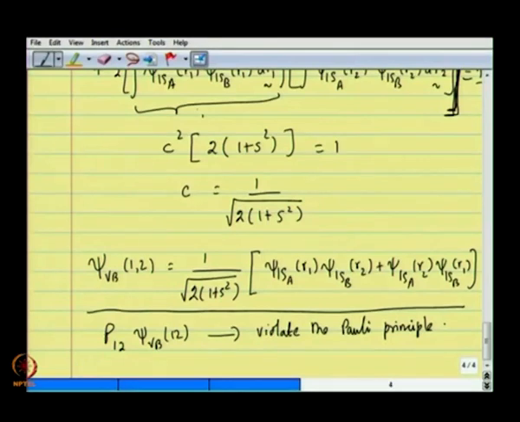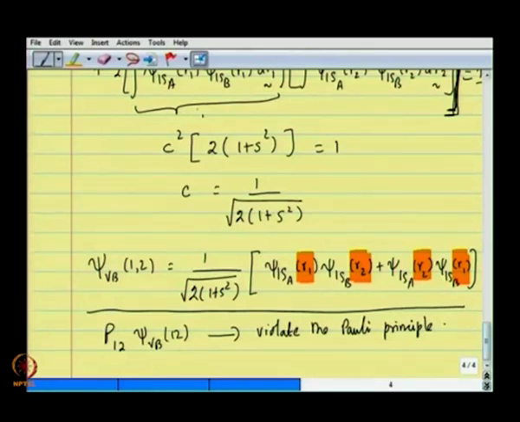Remember, if you interchange R1 and R2, you are going to get exactly the same wave function. Therefore the wave function is symmetric. The electron being a fermion, that is not what we want. We wanted the electron wave function to be antisymmetric to the interchange of the 2 electron coordinates.